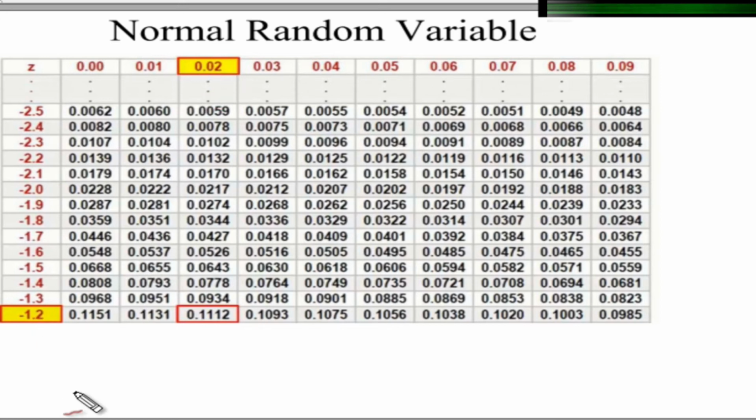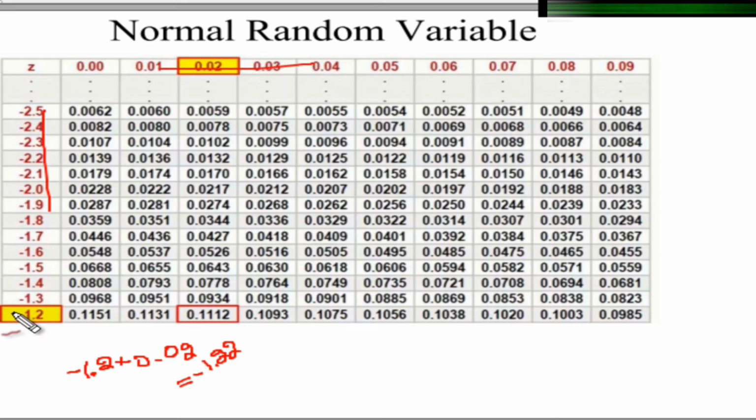Here you will see that minus 1.2 plus 0.02 gives you minus 1.22. Okay, these are the values written here and here.